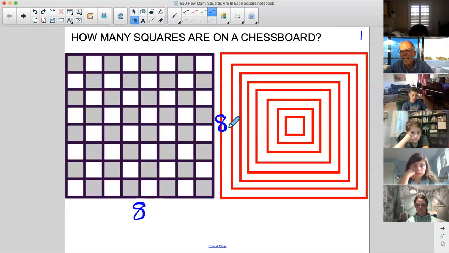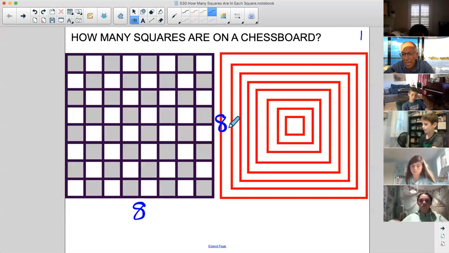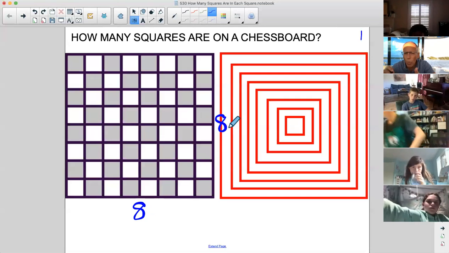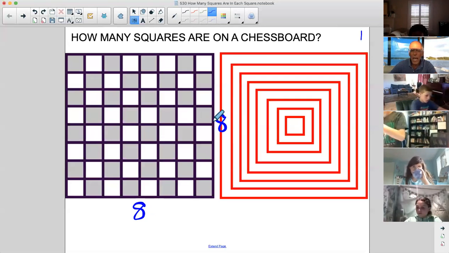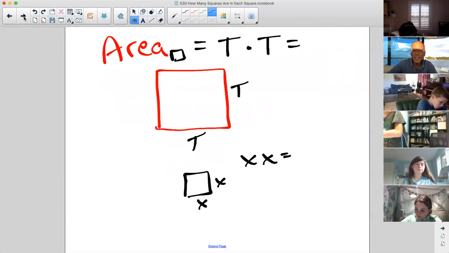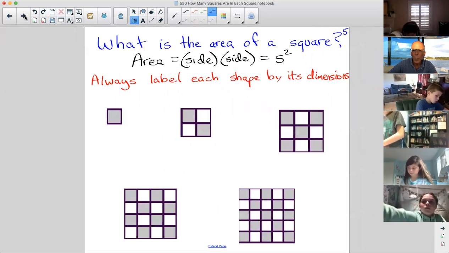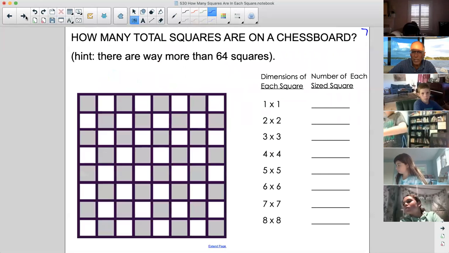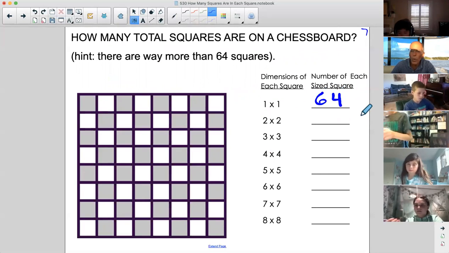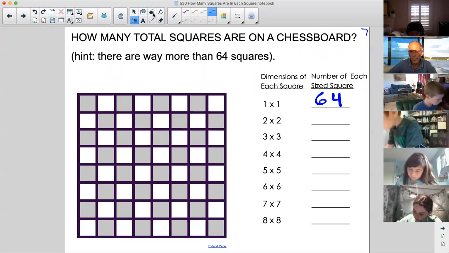So if you have page 1 in front of you, you need to write 8 by 8, because I made a big mistake when I did not write the dimensions of that square. Now, go to page 7, please, and record 64 by the 1 by 1 size. So there are 64 1 by 1s.